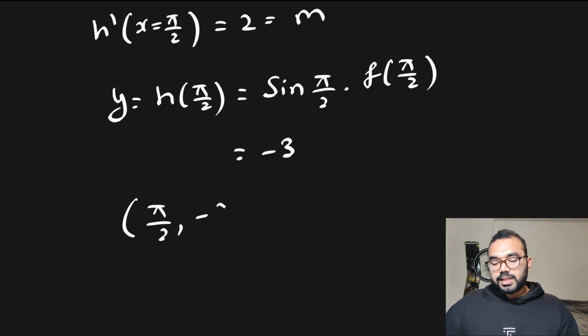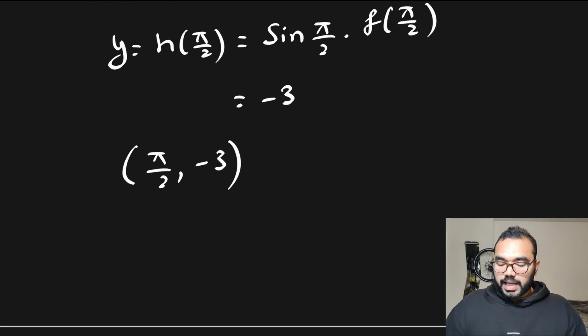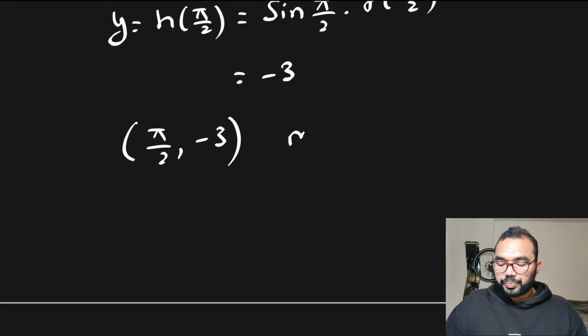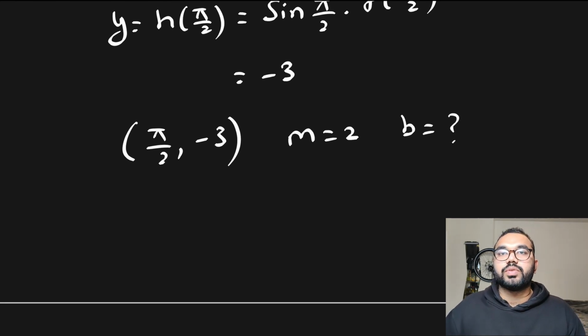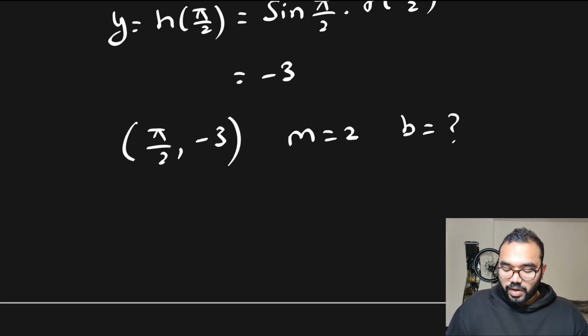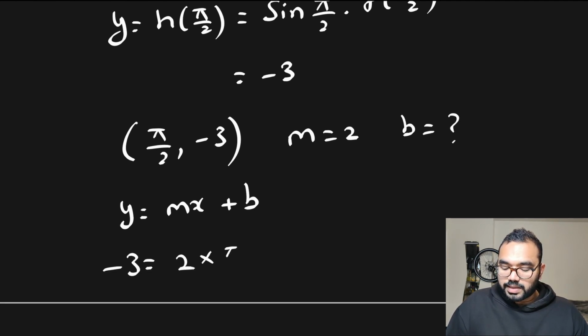We are finding the equation of the tangent at this particular point, and we already have the slope, 2. Now we just have to find our b value, which is the y-intercept. So y equals mx plus b, and let's plug in the x and y values. Y is negative 3, m is 2, x is pi over 2. This is just multiplication, not x. So negative 3 equals 2 times pi over 2 plus b. The 2 and 2 cancel.